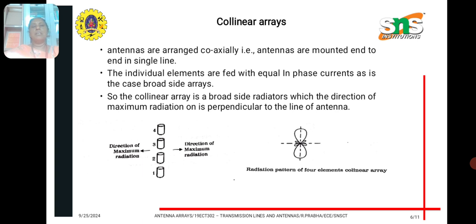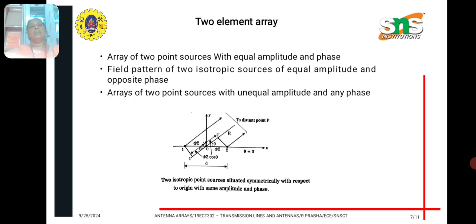So, this antenna array is similar to the broadside array, but the only difference is the antenna arrangement. The antenna elements in the array are stacked one over the other.